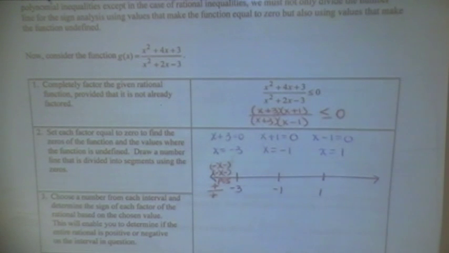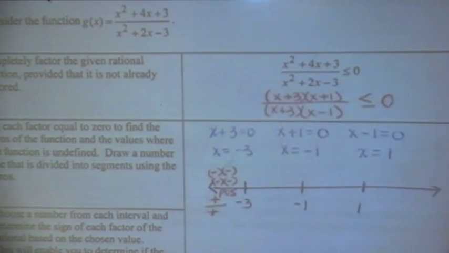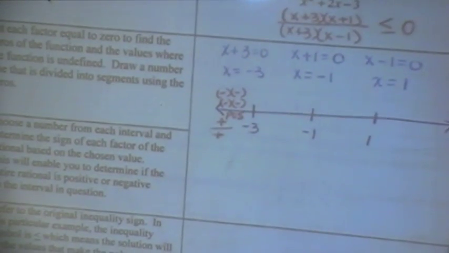Alright, let's do it again. Between negative 3 and negative 1. So let's go with negative 2. That makes sense right there, doesn't it? So if I plug a negative 2 right here, that first top piece is going to turn out positive. If I plug a negative 2 right here, the second piece comes out negative.